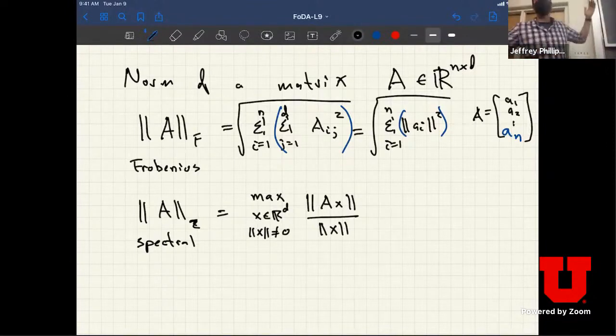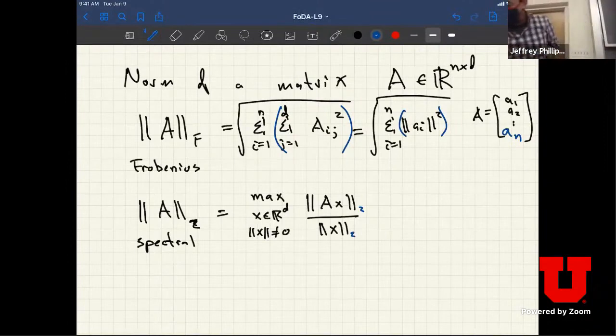It's a vector, so I can take a 2 norm again. Implicitly, this is a 2 norm here. And then I divide by the length of the vector, so I can take out the scale of the vector. I could have assumed x was a unit vector, over all unit vectors. I'm saying the maximum I can get by multiplying by any vector.